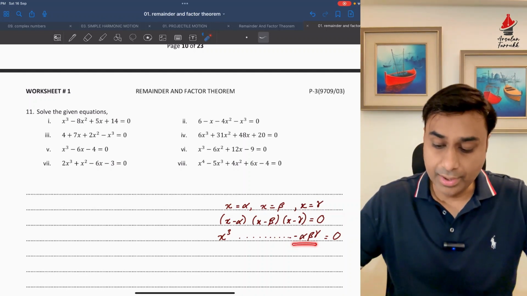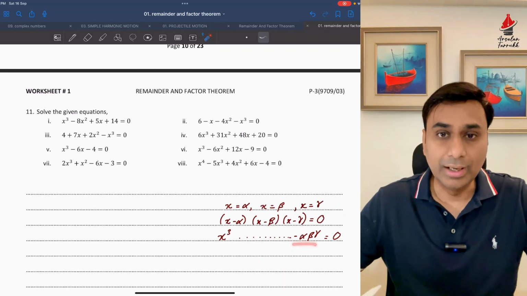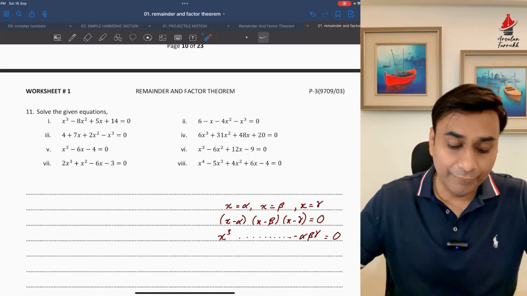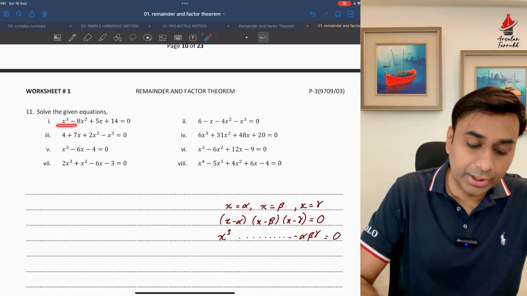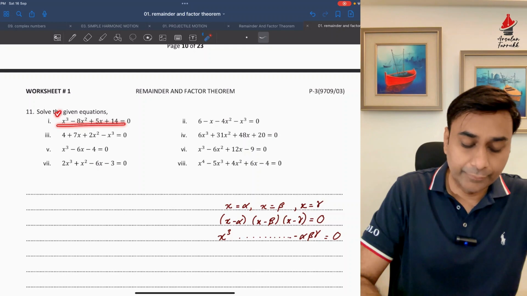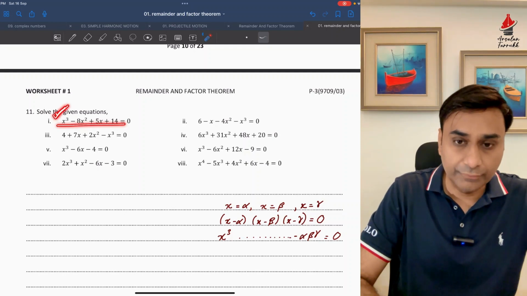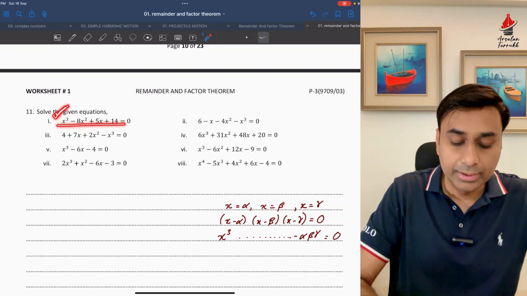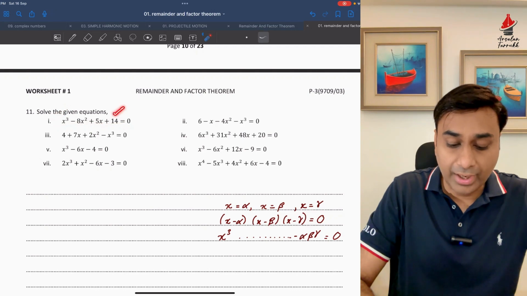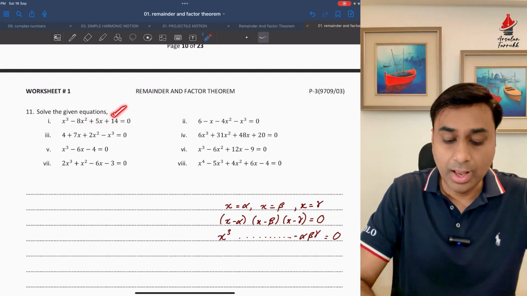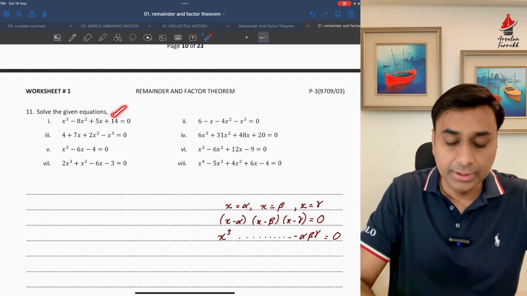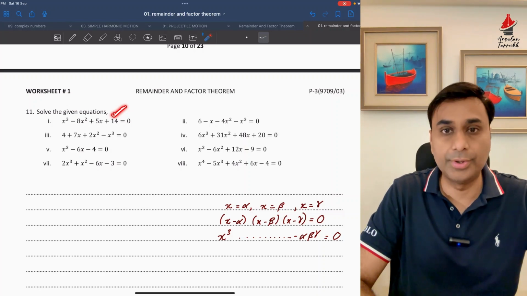So from here, you can deduce that every time you're solving a cubic or quartic equation whose coefficient of the first term is 1, then the factors of the last constant term must represent the roots of that particular equation.